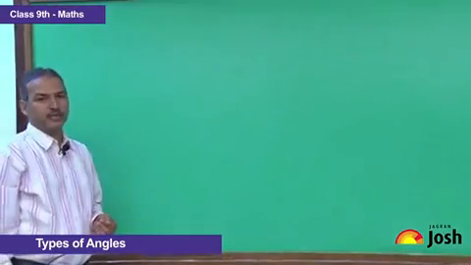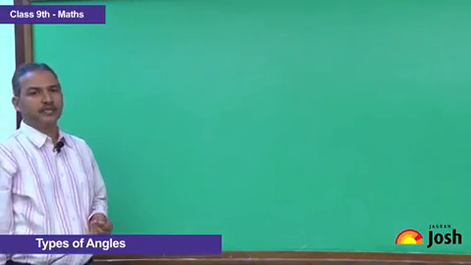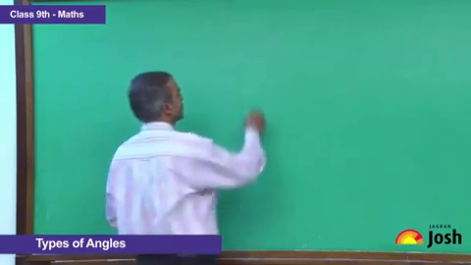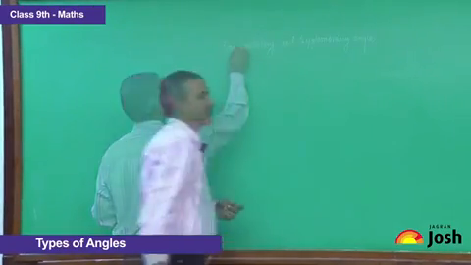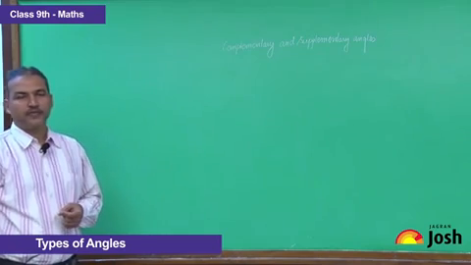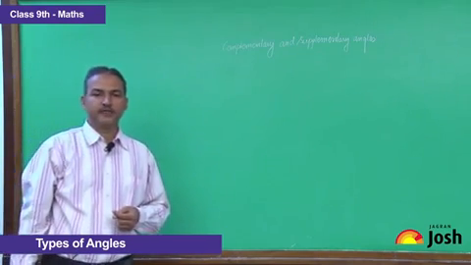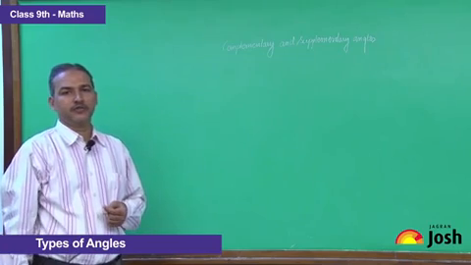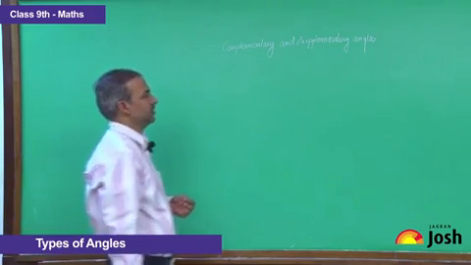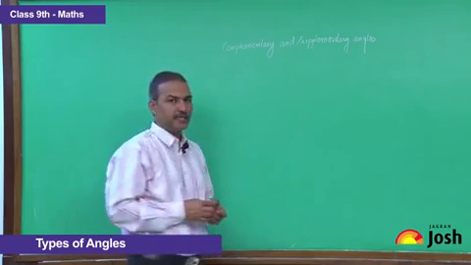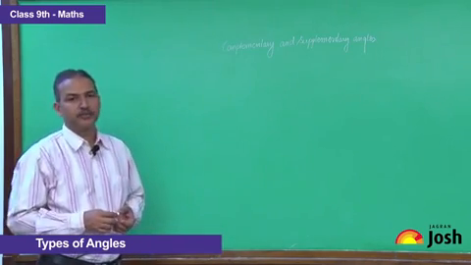We are going to study complementary and supplementary angles. A pair of angles is said to be complementary if the sum of their measures is equal to 90 degrees, and each angle is said to be the complement of the other.